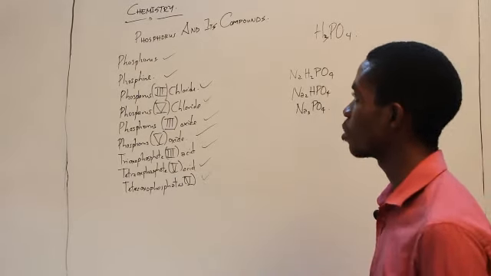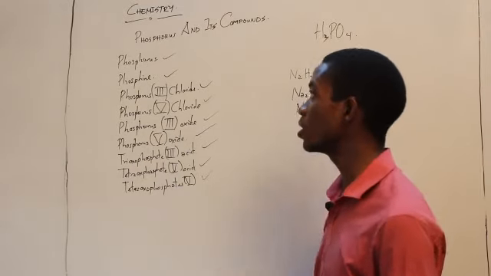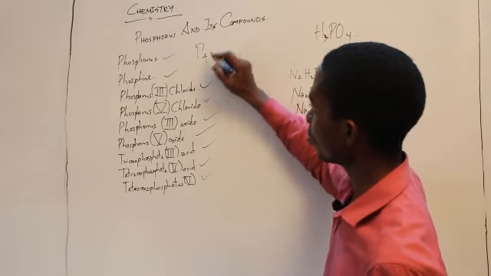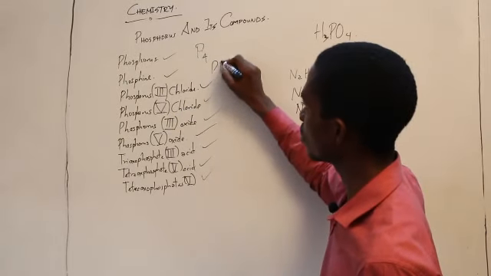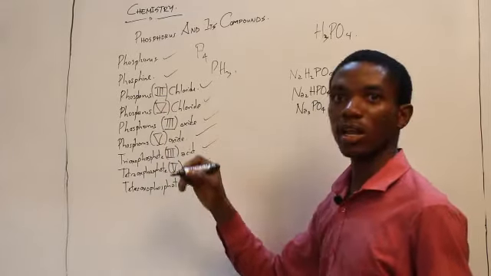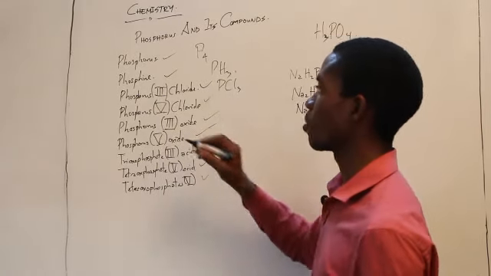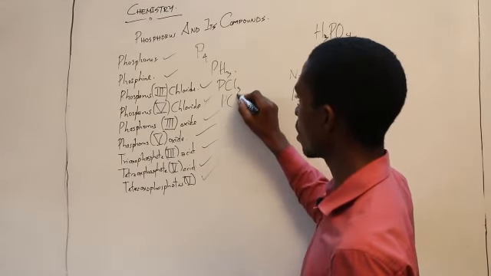Okay, we've talked about phosphorus and its compounds. We looked at phosphorus, which is P8 and P4, and exists in the 4th level. We talked about phosphine, which is PH3. We talked about phosphorus trichloride, PCl3, and phosphorus 5 chloride, PCl5.